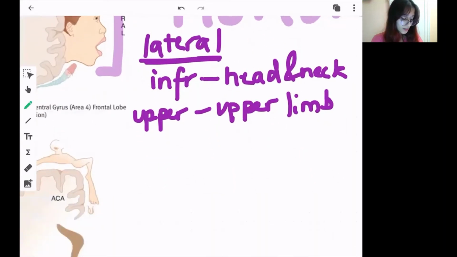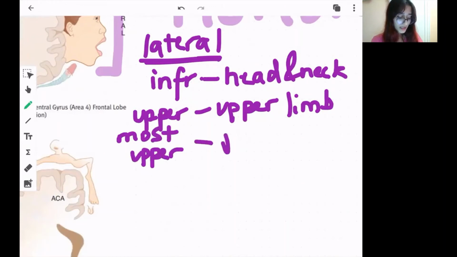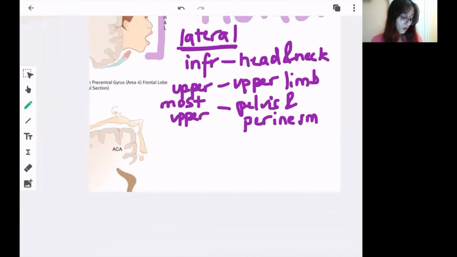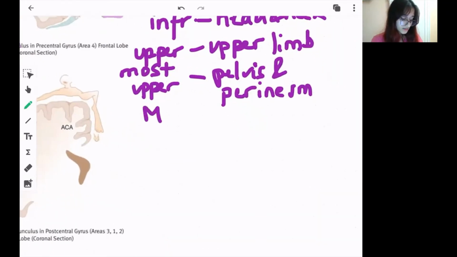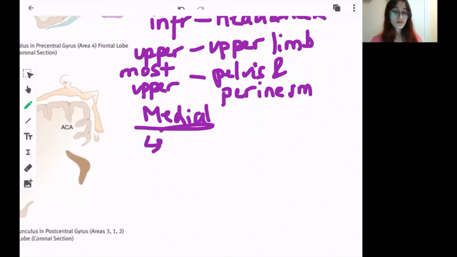And the most upper part is controlling the pelvis and the perineum. Now, on the medial surface, what is present on the medial surface? The lower limb.